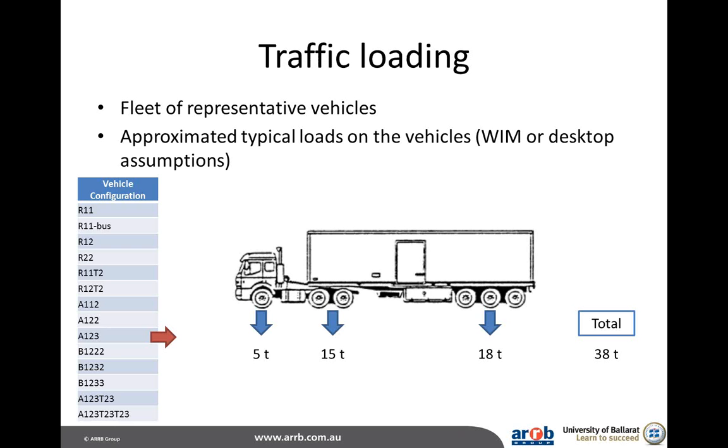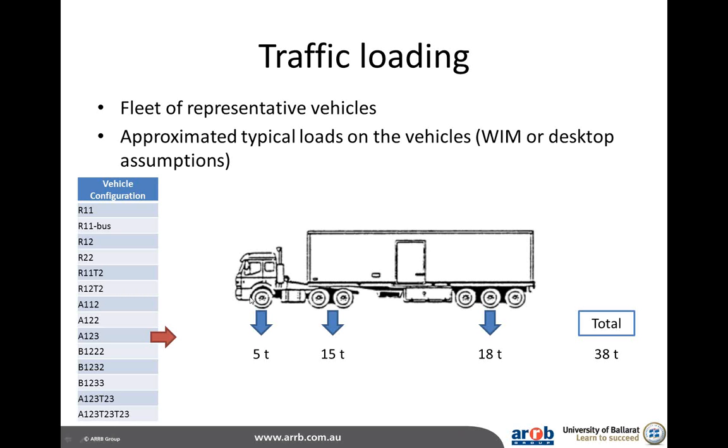The third input is the traffic loading. FAMLIT requires a fleet of representative vehicles to model the loading on the road. The particular form of input requires us to approximate typical loads on the vehicles. These loads can come from a WIM analysis or from just making desktop assumptions.